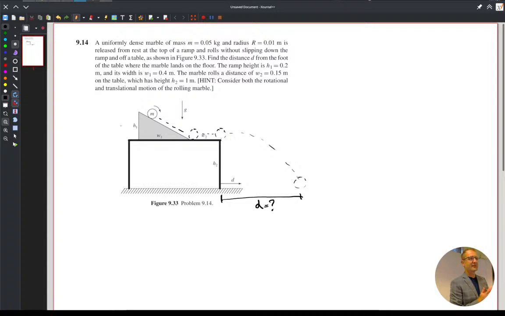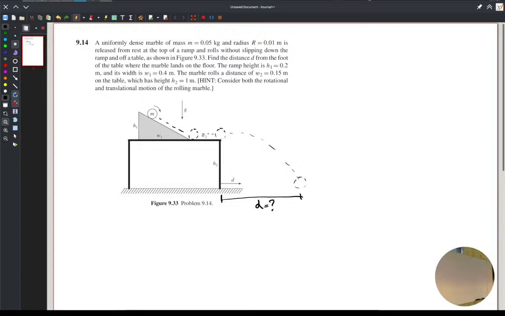What kind of equations or anything like that? Trying to figure out how far off the table it will reach.